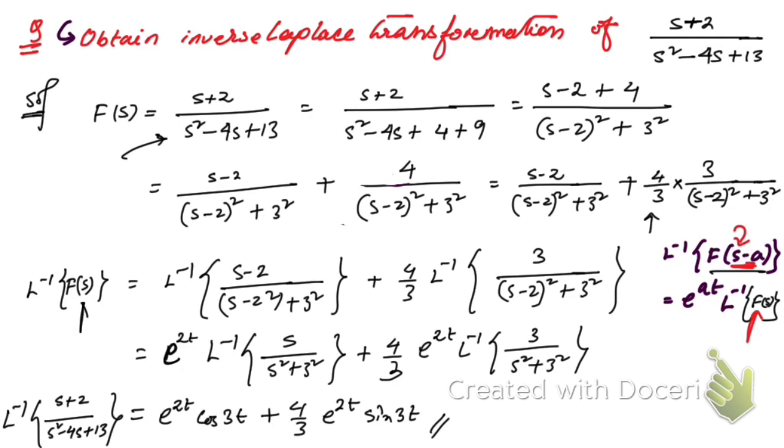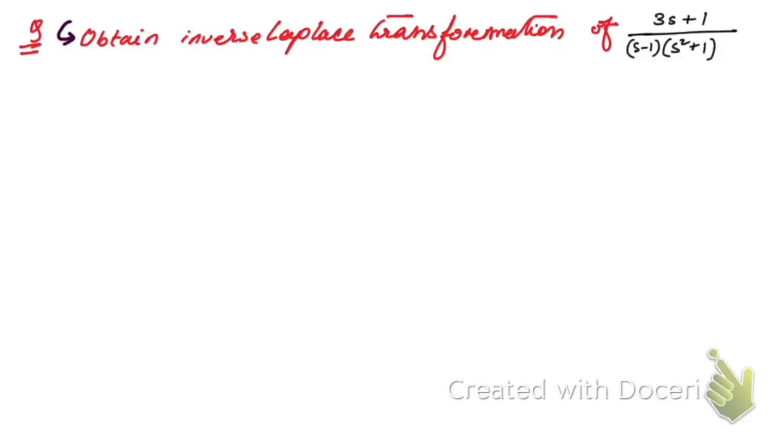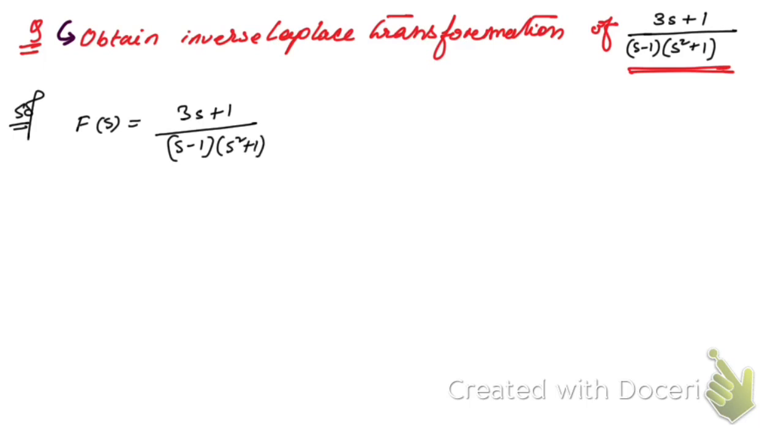So let's take one more question. So now let us obtain the inverse Laplace transformation of this. So here it is, capital F of s is 3s plus 1 by s minus 1 into s square plus 1.